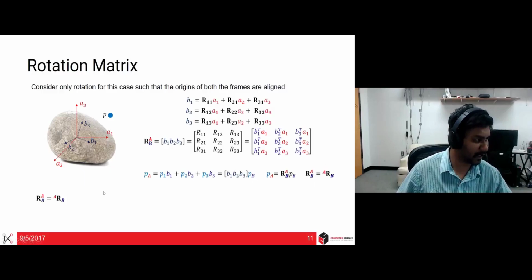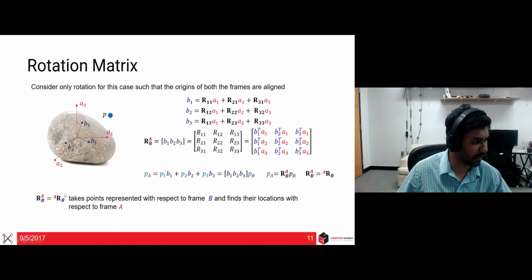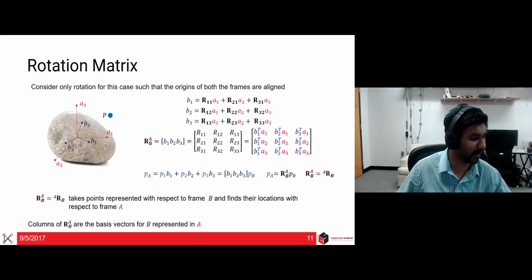So again, to summarize, it is written in these two ways, which is the same thing. It takes a point represented with respect to frame B and finds the location with respect to frame A. And the columns of R B in A are the basis vectors of frame B represented in frame A.